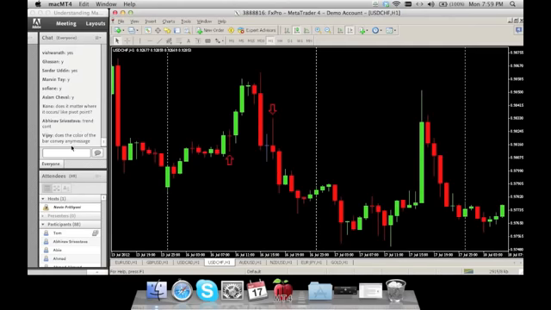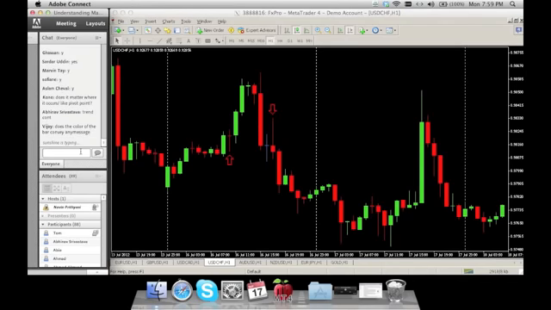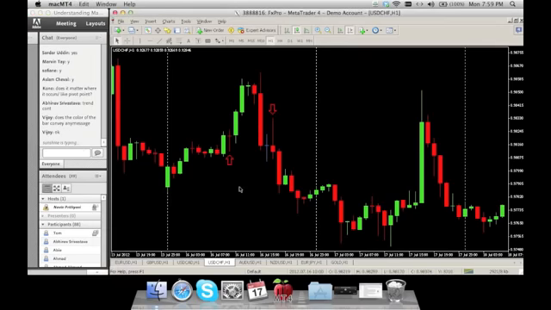Okay, Vijay, does the color of the bar convey any message? No, do not worry about the color of the bar. In terms of exhaustion and trend continuations, don't worry about the color. So let's move on to some more examples.